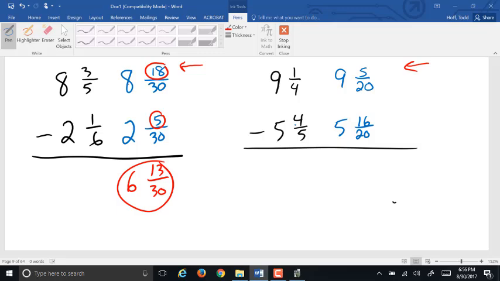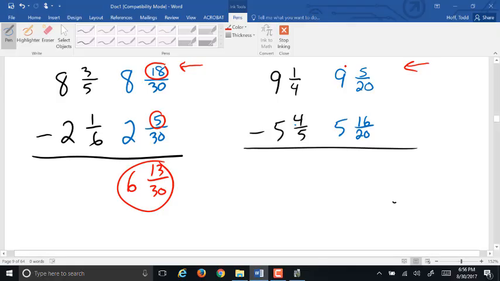With whole numbers, what would we do? We'd borrow. We're going to do the same with fractions. We borrow from that next digit, the 9, and it becomes an 8. The difference is what happens here. Perfect. What we borrowed was one whole object, and the denominator tells us that whole object is 20 pieces. 5 plus 20 is 25/20.